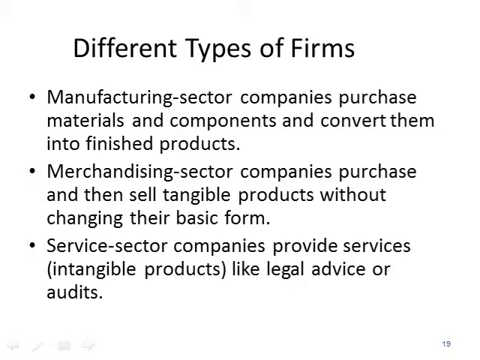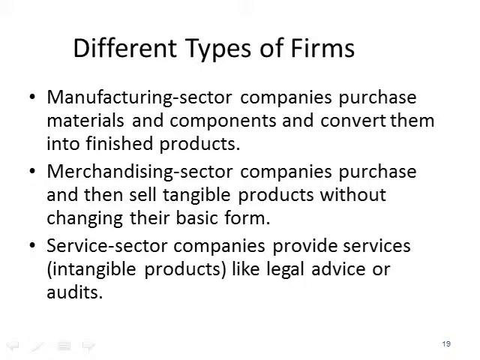So cost accounting is used for all types of firms, including manufacturing sector companies who produce materials and components and convert them into finished goods, or purchase materials and components and convert them into finished goods. Merchandising sector companies purchase and then sell tangible products without changing their basic forms. So think about a merchandiser at the mall.